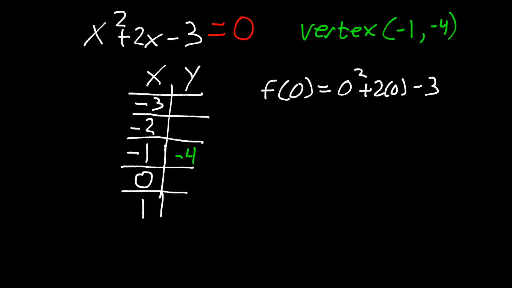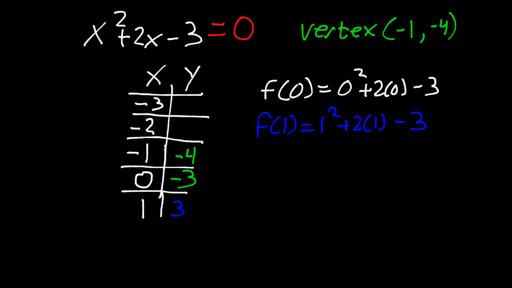Well then, the function evaluated at 0 is just negative 3. Now, that wasn't a 0, so I gotta keep trying. Let's see what happens at 1. The function evaluated at 1 is 1 squared plus 2 times 1 minus 3. 1 squared is 1, plus 2 times 1 is 3, minus 3 is 0.